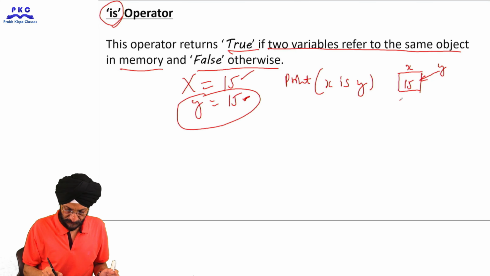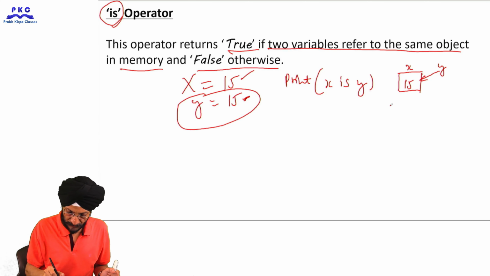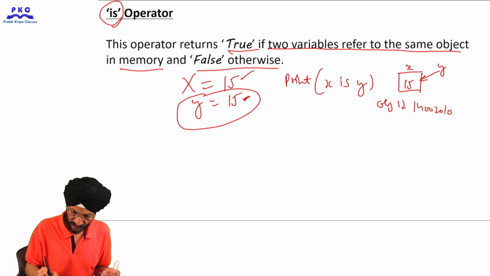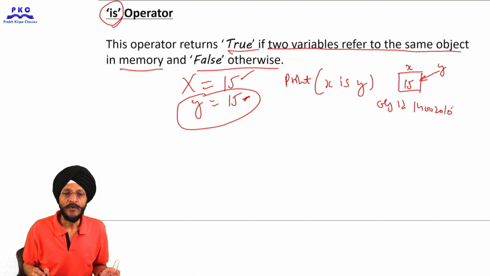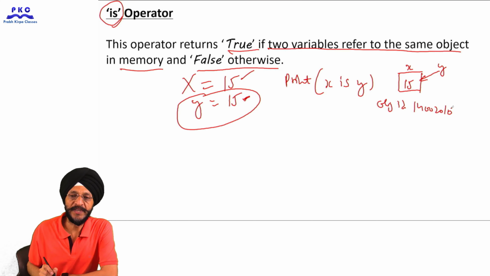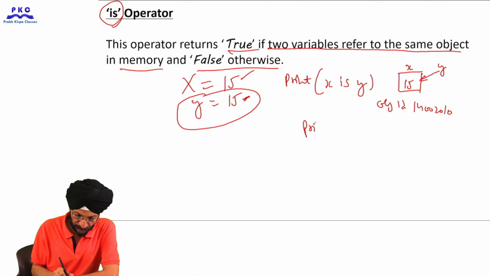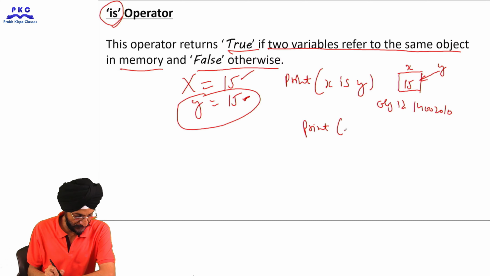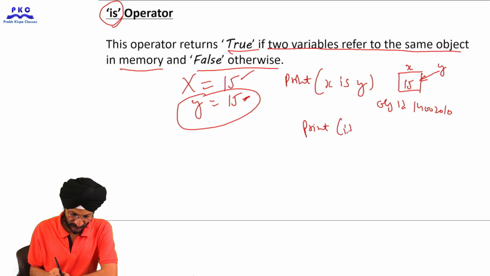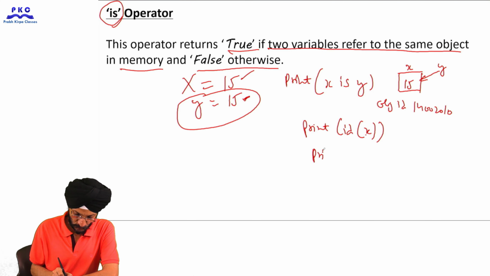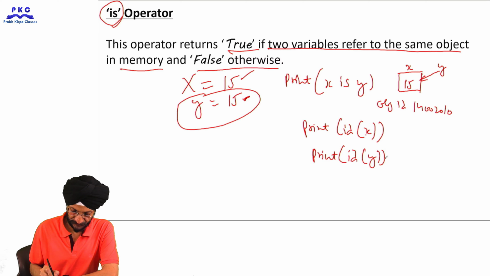The memory location or memory address may also be called object ID. We can find out the object ID with the help of the commands print id x and also print id y.